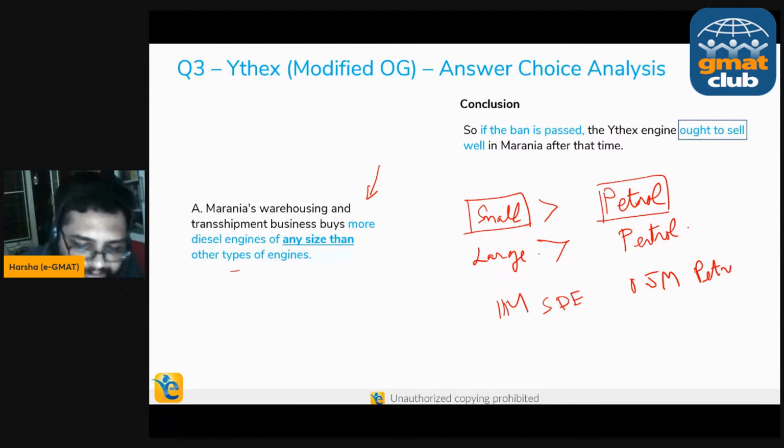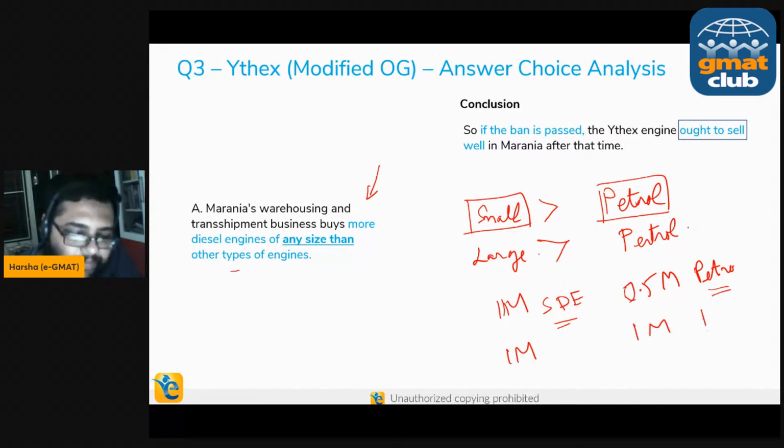Let me just make this a little clearer. Here's the thing. Does this have to be true? Do I have to buy more small diesel engines than I buy petrol engines? What if I buy exactly 1 million small diesel engines and I buy exactly 1 million petrol engines as well?